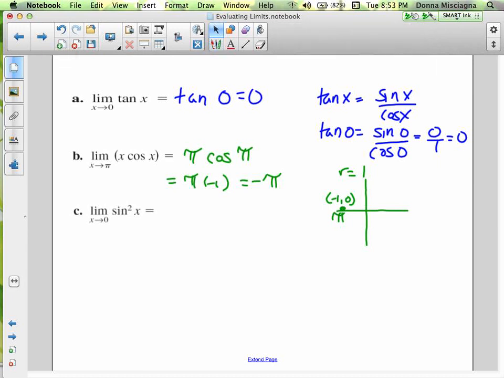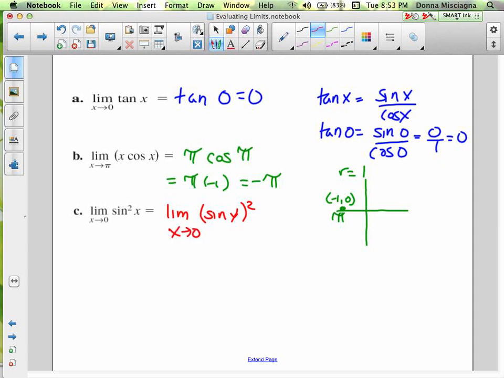And then the last one: the limit of sine squared x as x approaches 0. That's the same as saying the limit of sine x all squared as x approaches 0. Now we can use our limit properties. I can just plug in, evaluate sine x and then square it.